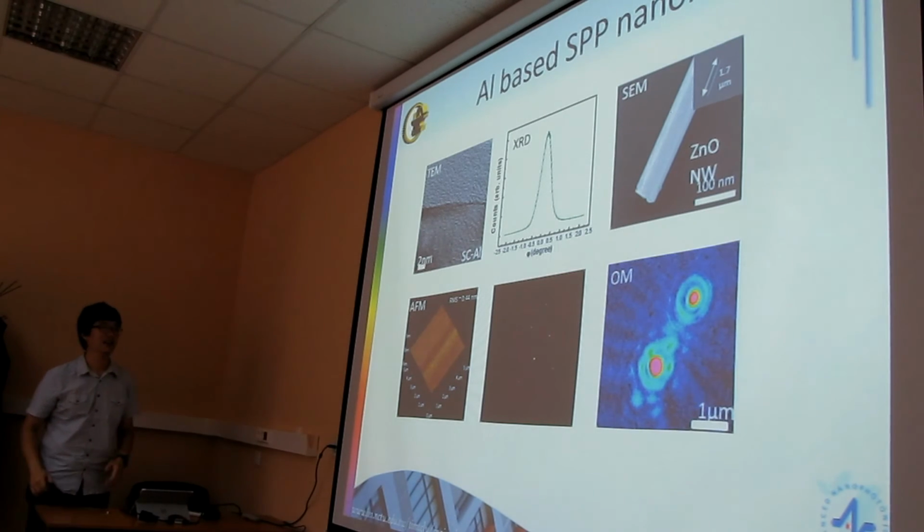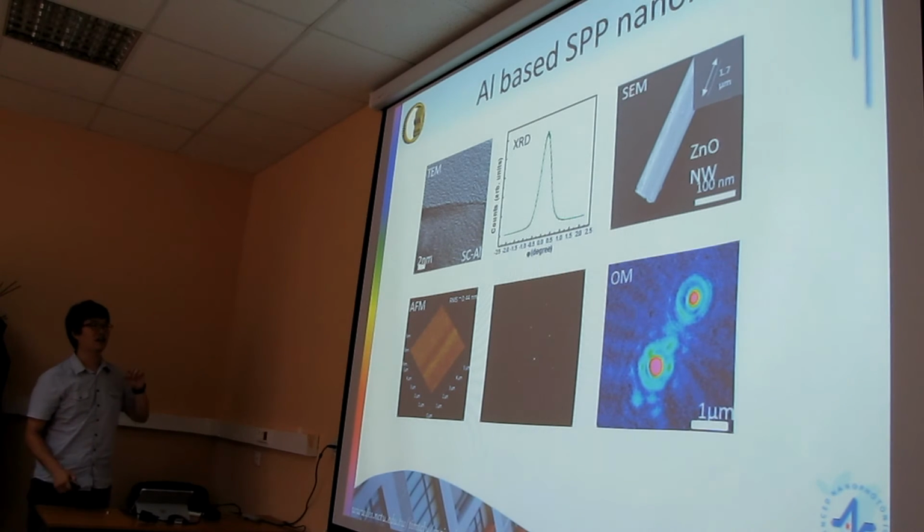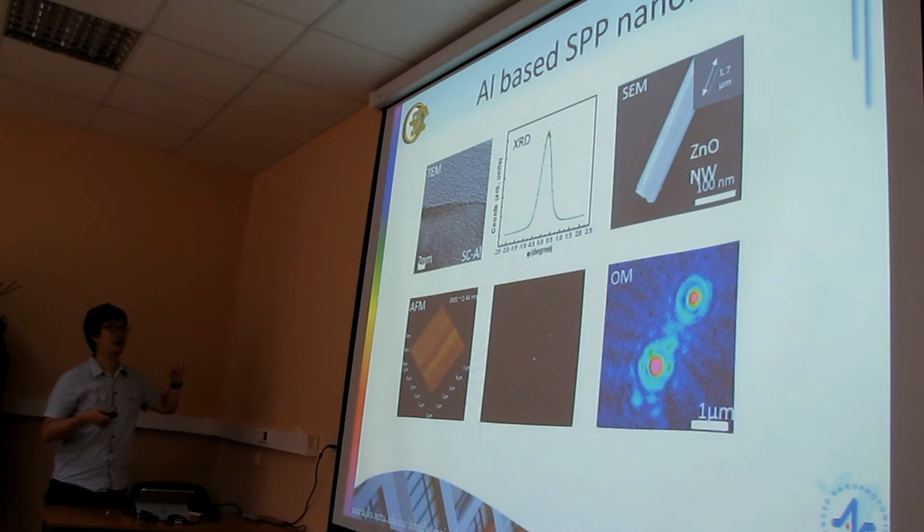However, the above is a theoretical prediction, and as we know, aluminum always contains a native aluminum oxide after fabrication. So to prove that our prediction is right, we have to choose high quality aluminum with dense packing, which will have much less native aluminum oxide.